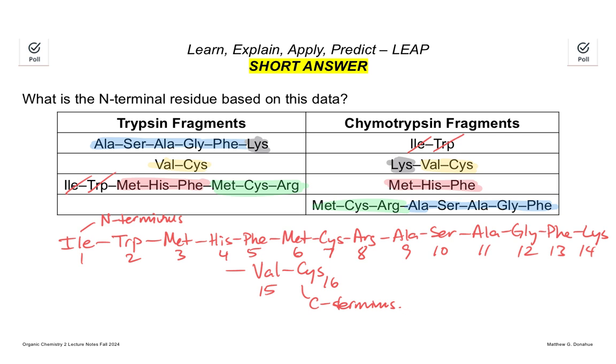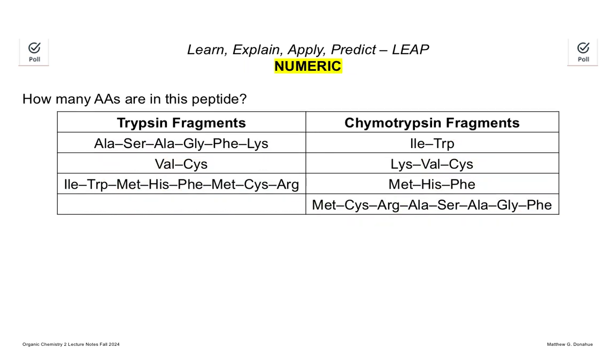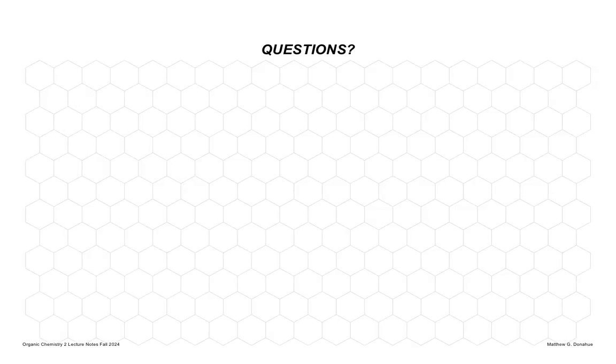And so this question was the C-terminus. This question, okay, how many amino acids? That is going to bring us to the end. So we end a little bit early, but so there's a quiz using sort of this logic.